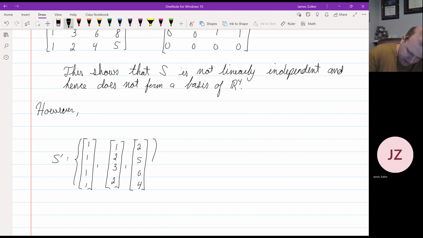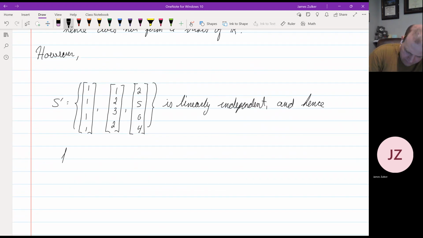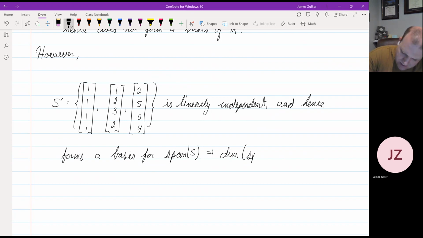These three, so this set is linearly independent, and hence forms a basis for the span of S. And this implies then that the dimension of the span of S is equal to 3.